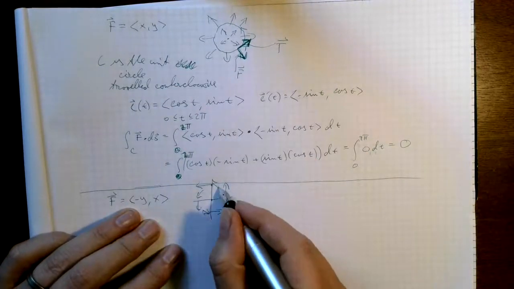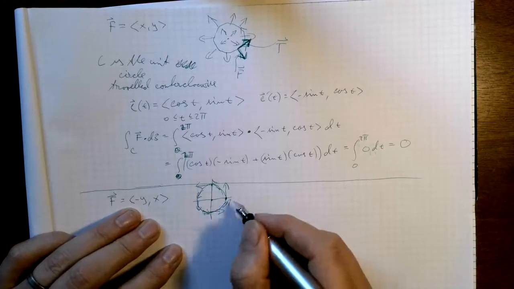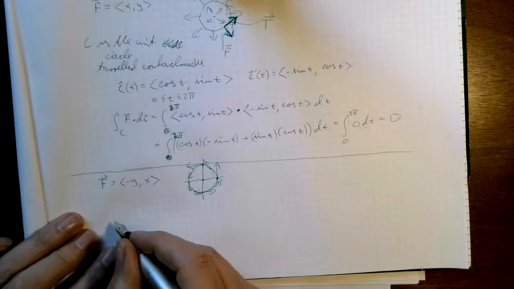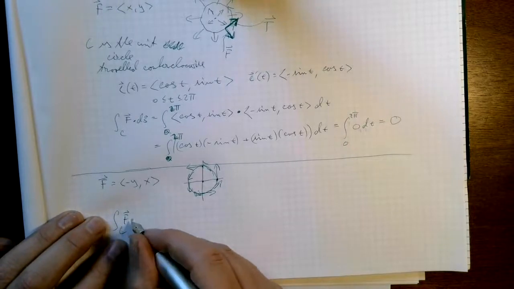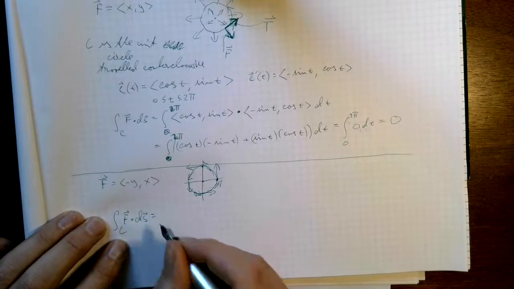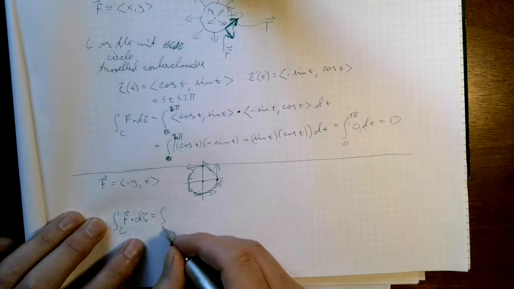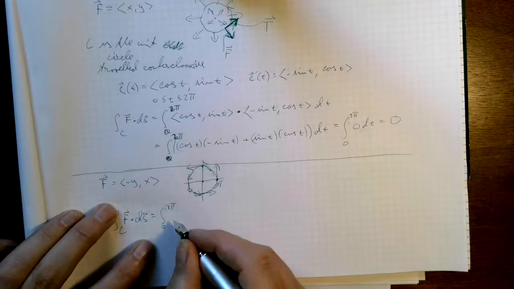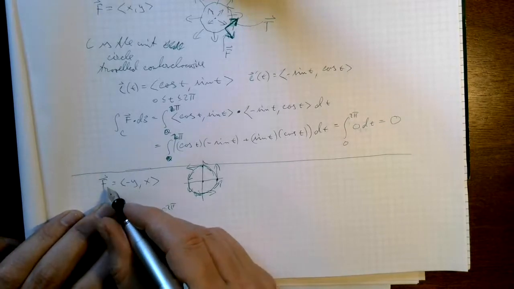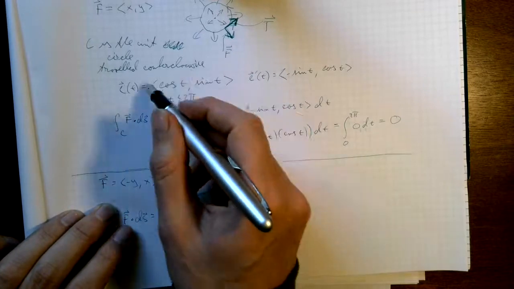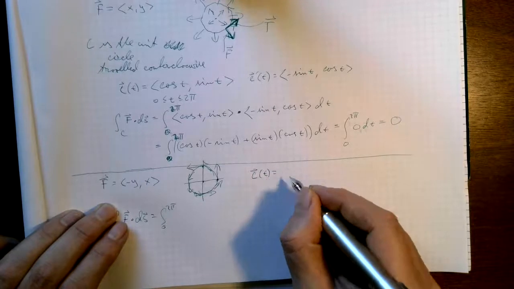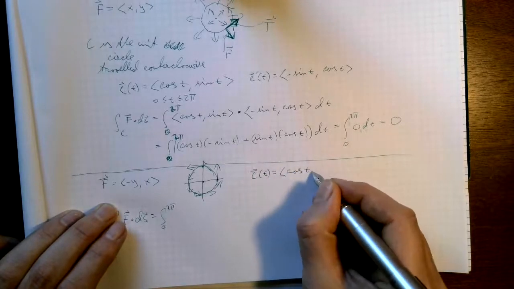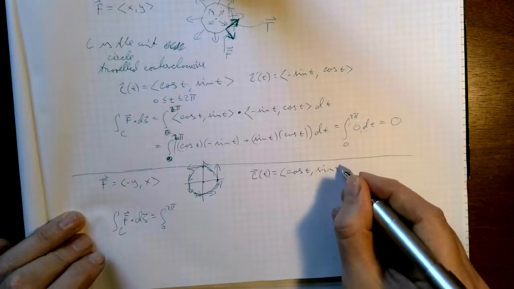Let's look at the same c, and let's integrate f.ds, 0 to 2 pi. Now we have to put in this f, parameterize the same c. So cosine t, sine t.